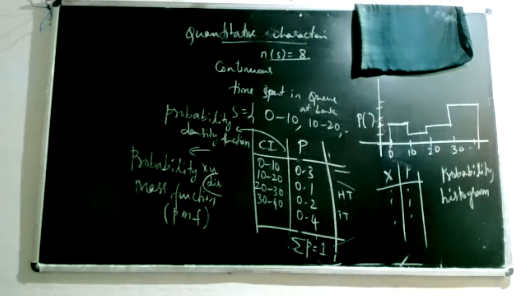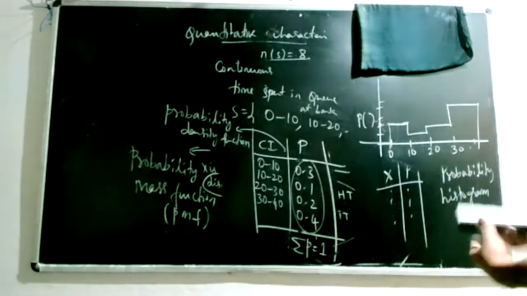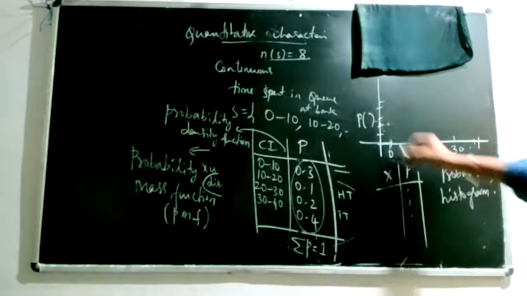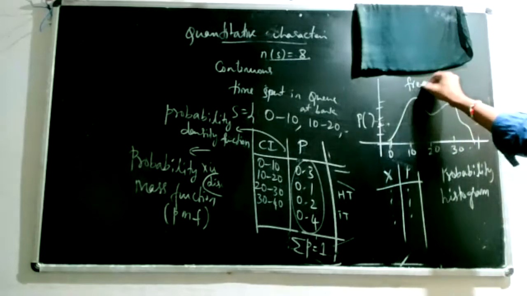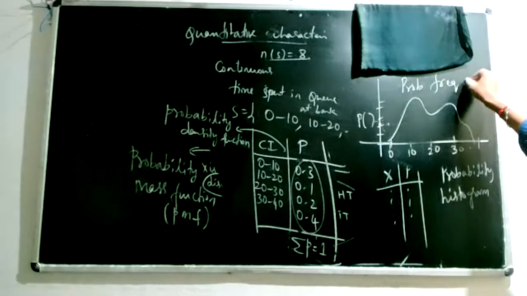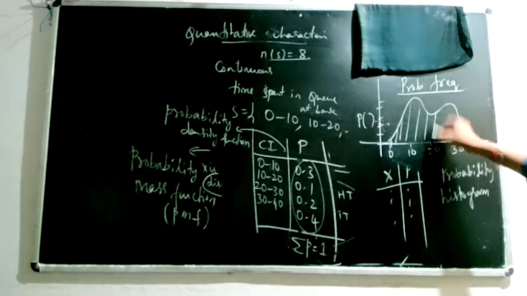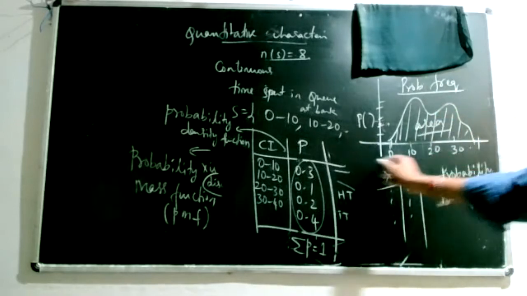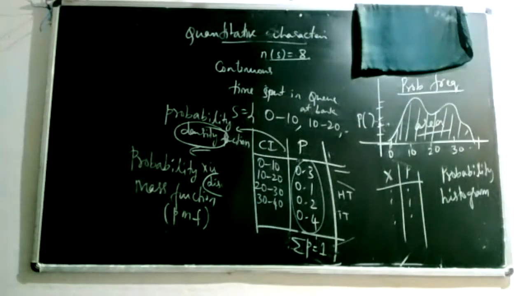In a more general situation, you could end up getting probability curves in the form of your frequency curve, but here we are using probabilities, not frequencies, so they are called probability curves. You can talk about the density, the area under the curve. Therefore, such continuous distributions are called probability density functions.